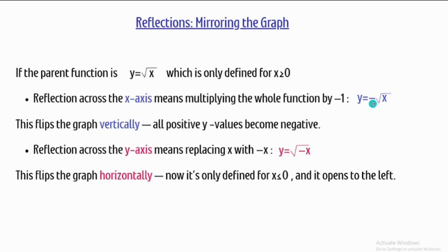So we will multiply the whole function, which is root x, by negative. This flips the graph vertically. All positive y values become negative. Now we will see reflecting across the y-axis, which means replacing x with -x. So the negative will be inside the root.